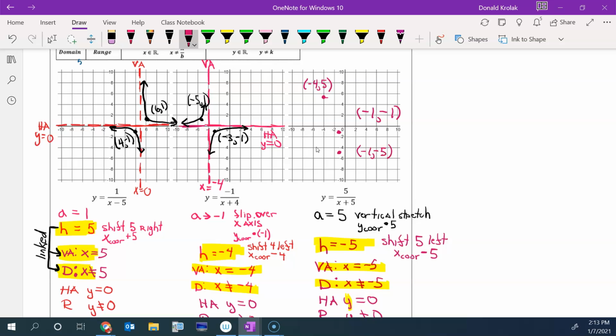That's a stretch, and now I'm going to slide it 4 left. 1, 2, 3, 4. And it's at the point. Yeah, it should be 5 left. Oh, did I miss one? Yeah, I stopped early. So that should be at -6, -5.